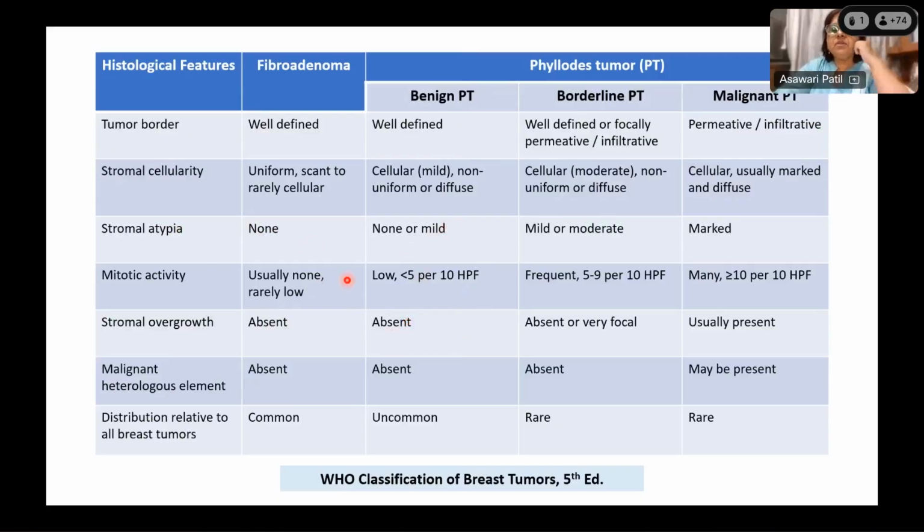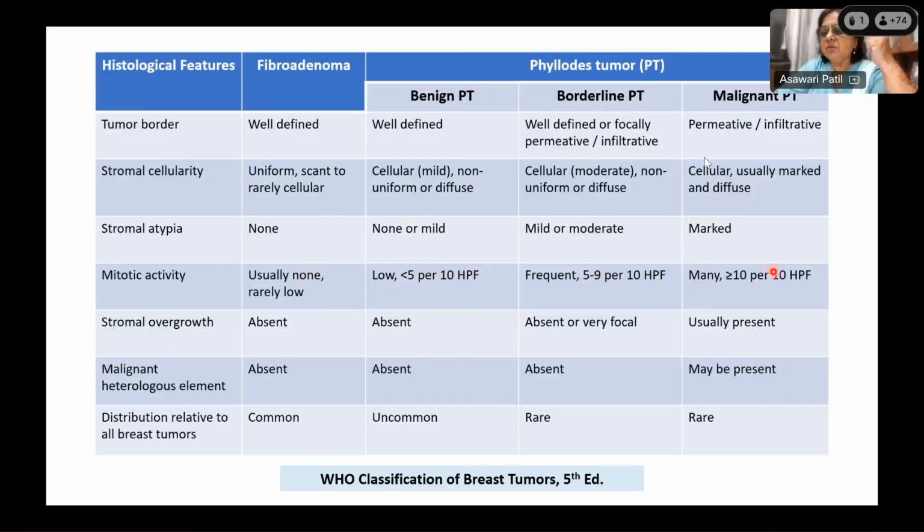Can I use the same criteria in core biopsy? It is difficult, right? Because I can't count it in 10 fields. So you comment on this and say at least benign, or cannot differentiate between benign and borderline, or between borderline and malignant. So this is how it's going to go.